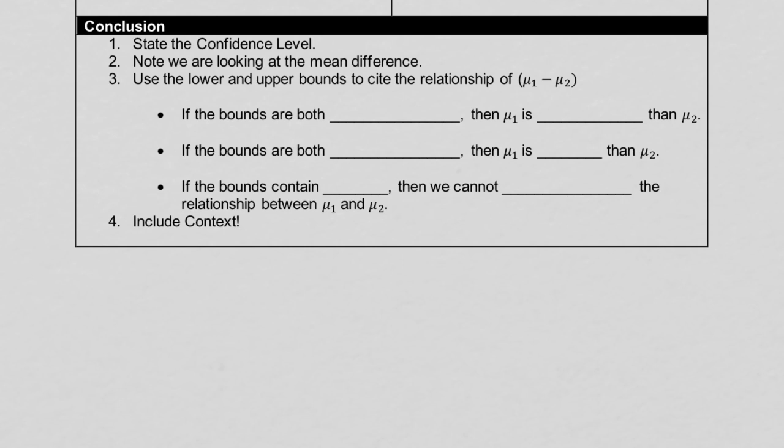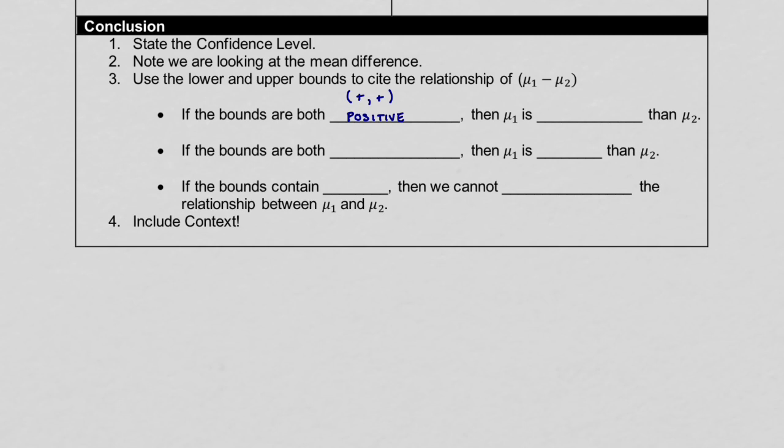So if the two bounds are both positive, in other words, if you are looking at your confidence interval and your lower bound is positive and your upper bound is positive, we need to establish what that means about the relationship between mu1 and mu2 from the lens of a subtraction that's happening.